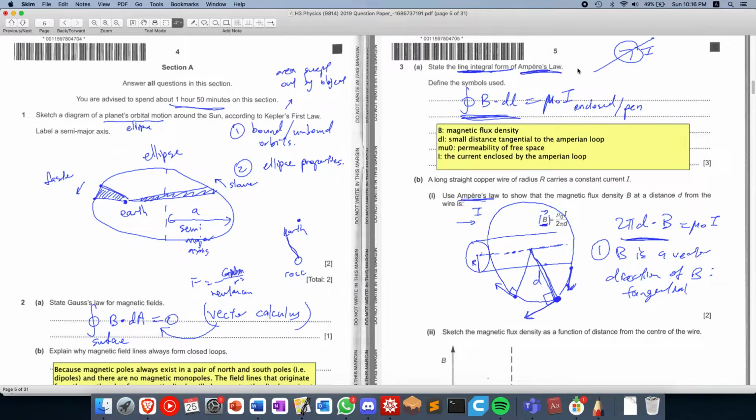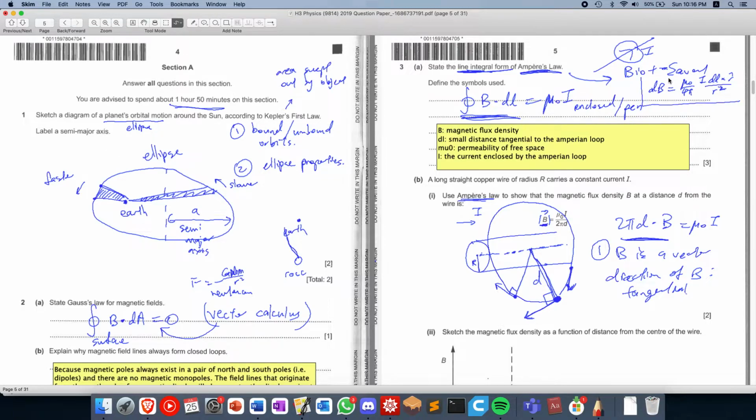Ampere's law is one of Maxwell's equations, and some of you might know of something called Biot-Savart as well. It's the law that dB is equal to, I believe, mu naught over 4 pi, I dl cross r over r squared.